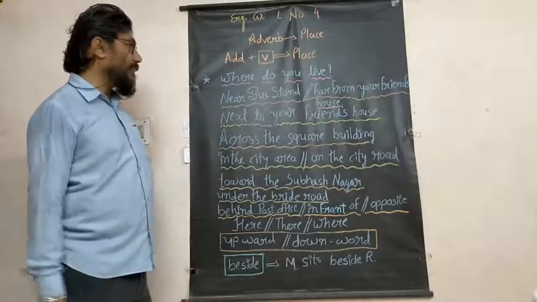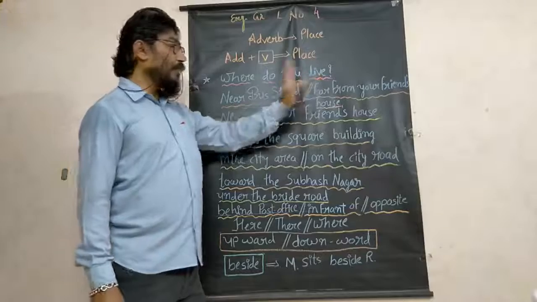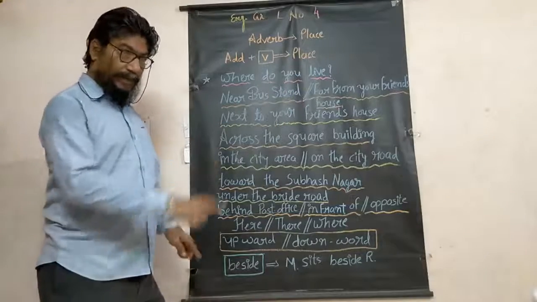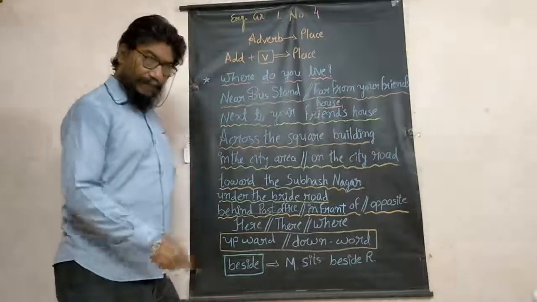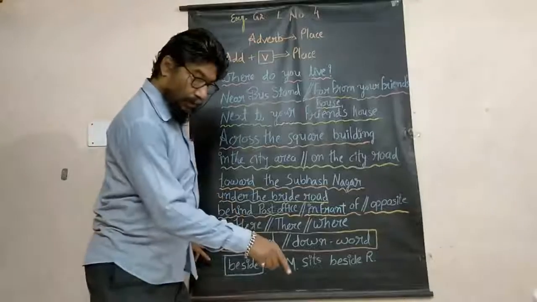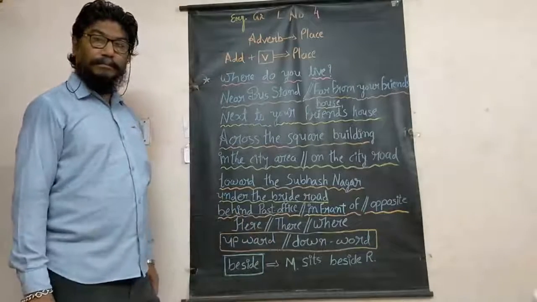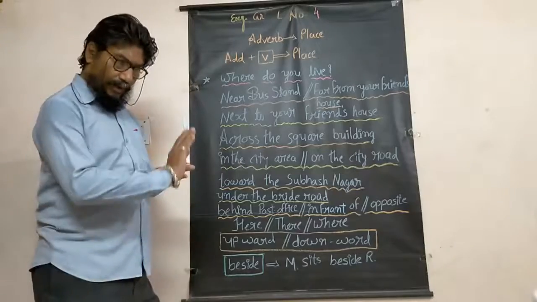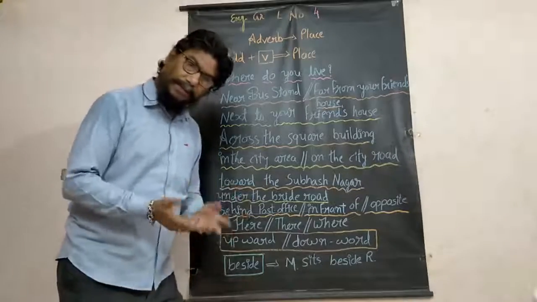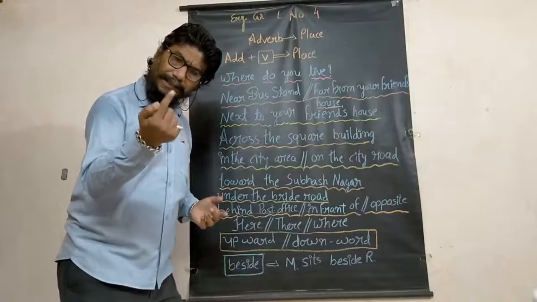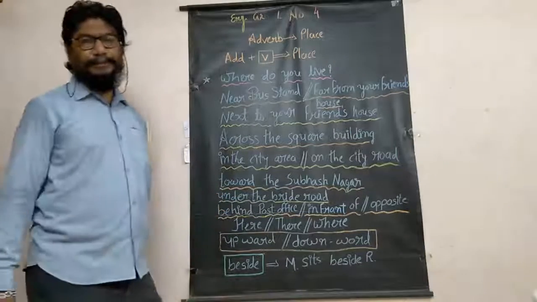A little bit of change. Where do you go? Upstairs, downstairs, upward, downward. What is this? Upward or downward, what will it indicate? Only and only one thing, and that thing is place.